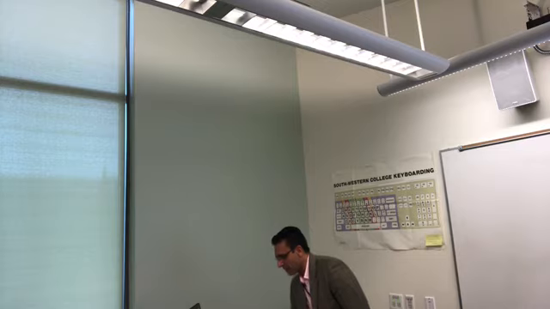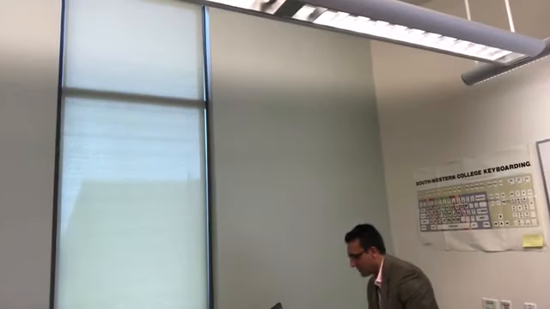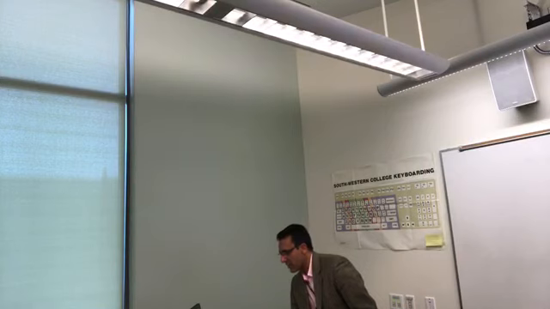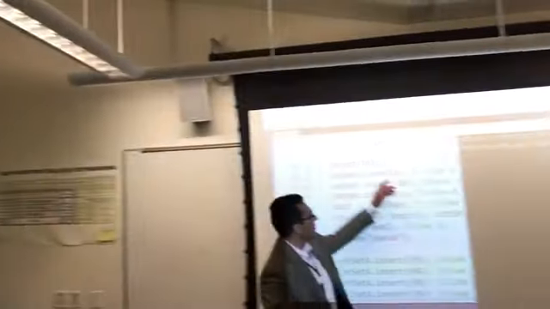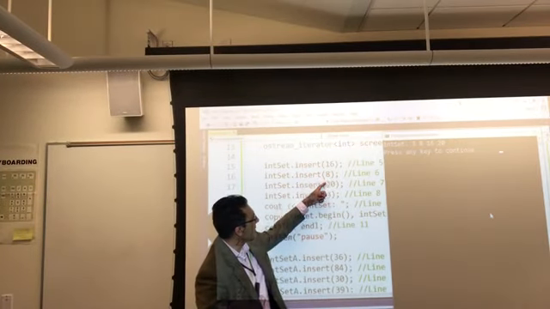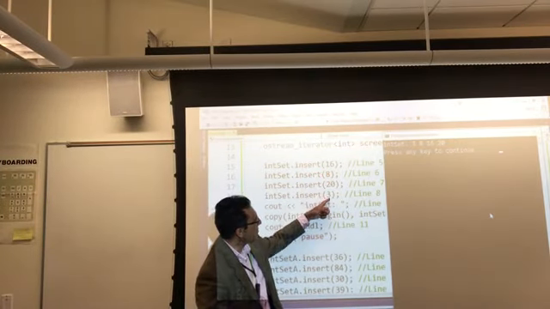But the first thing I want to see is if I'm able to display my set. Here's my set, which is added here. Just for our students online, so 16, 8, 23.